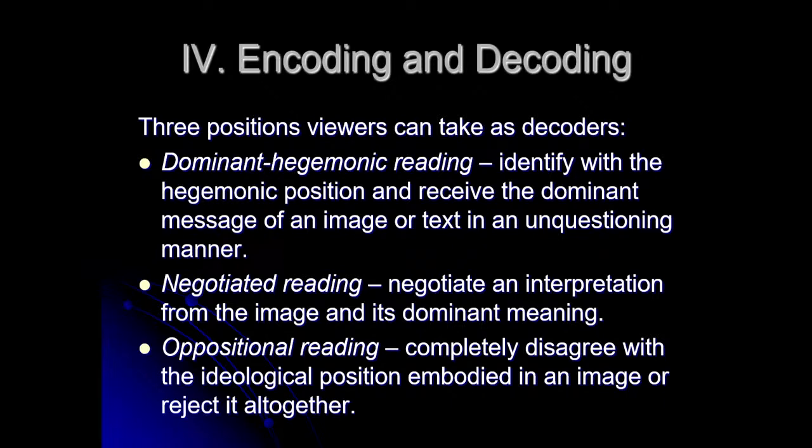One is dominant hegemonic reading, then we have negotiated reading, then we have oppositional reading. Dominant hegemonic reading is when we identify with the hegemonic position and receive the dominant message of an image or text in an unquestioning manner. It means the viewer directly identifies the meaning behind the image.